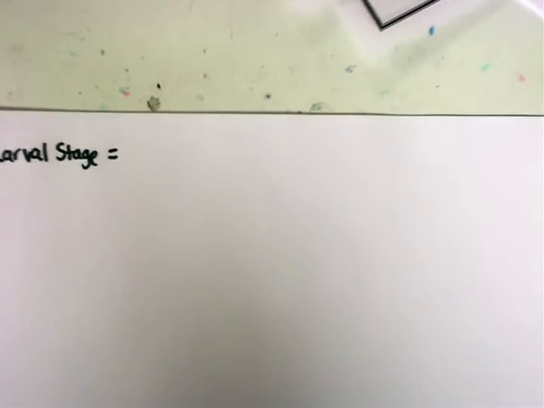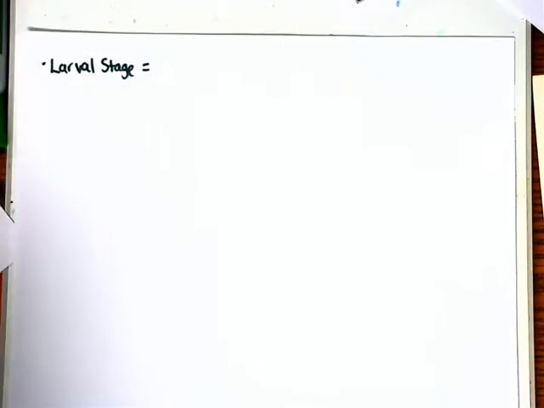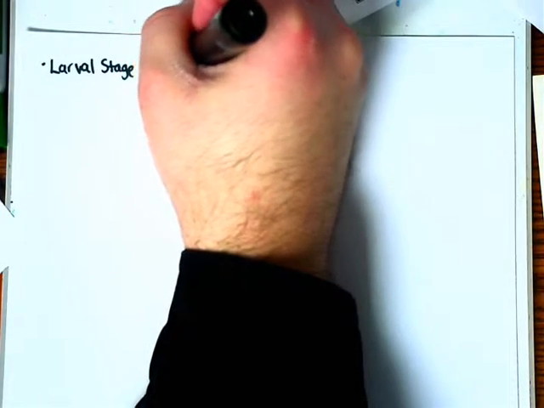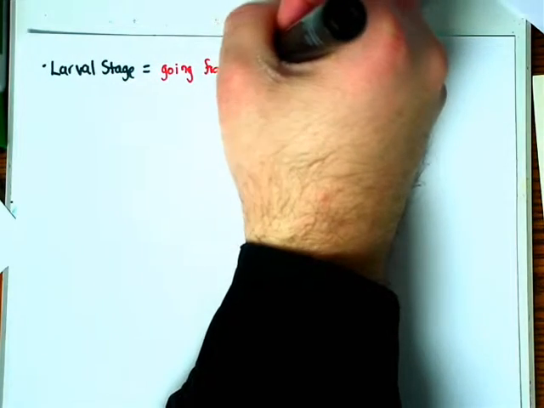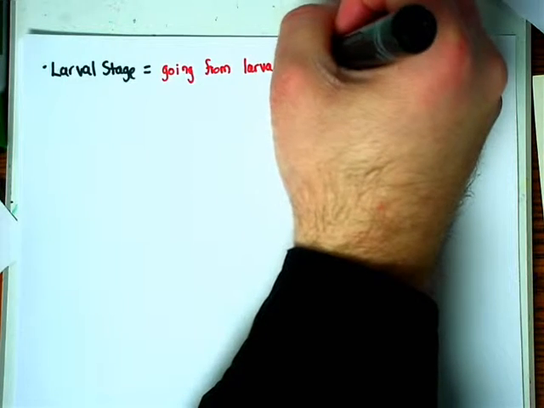Let's talk about a larval stage, which is an event in which you have a small minimized form of that creature that is going through metamorphosis to go into the adult form. So this would be going from the larva, which is the sexually immature stage, to the adult phase.